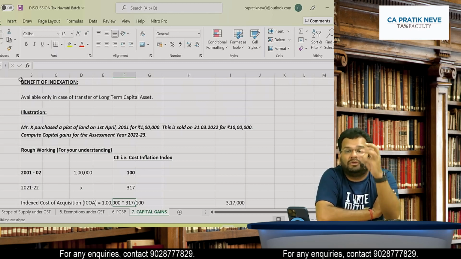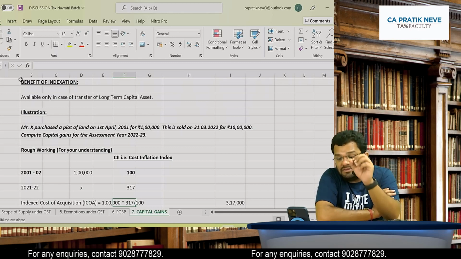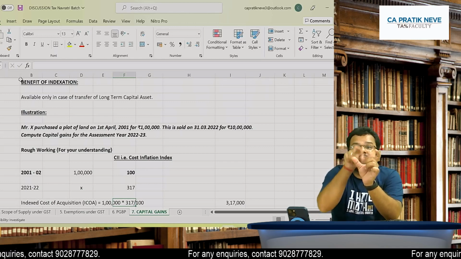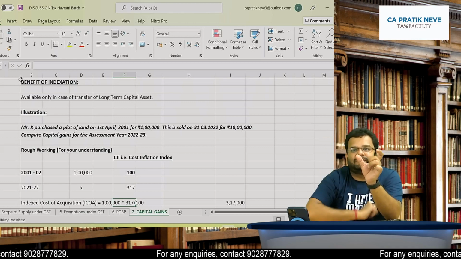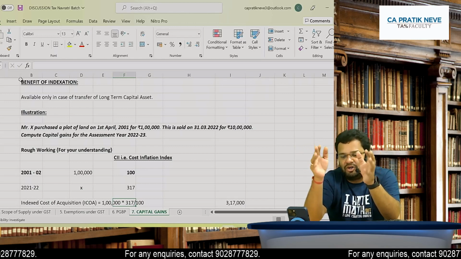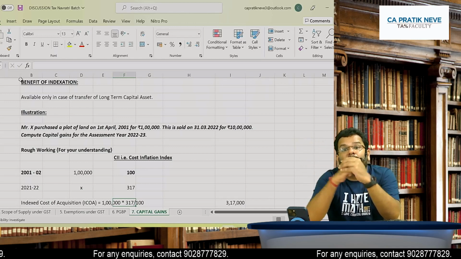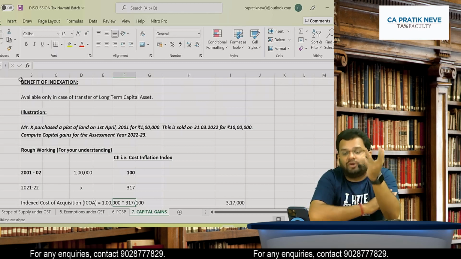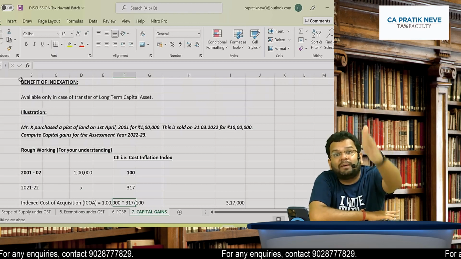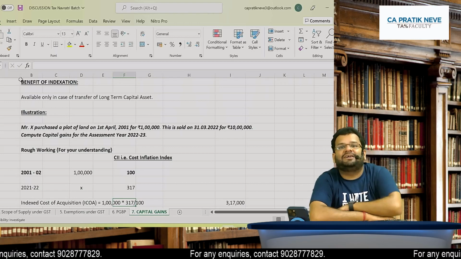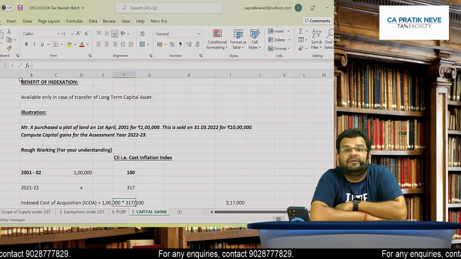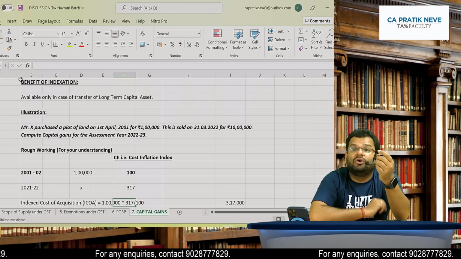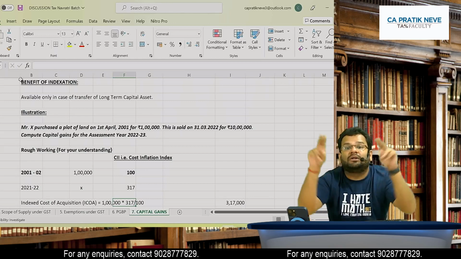Now you tell me, in this 3,17,000, what is the basic price of the land? 1 lakh. And what is the inflation? 2,17,000. But what will you minus? From 25 lakhs of sale price, you will minus the complete 3,17,000. Agreed? In short, you are subtracting the basic price also and the inflation also. In short, you are paying tax only on capital appreciation.